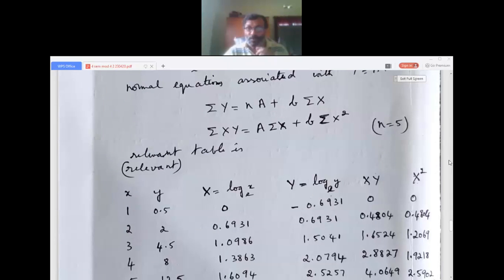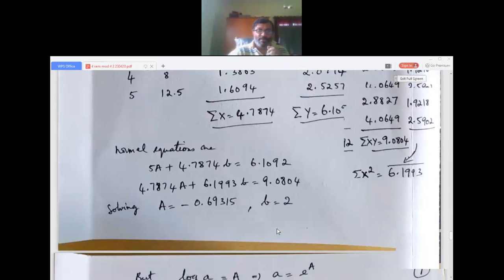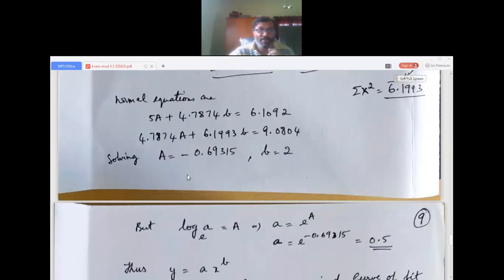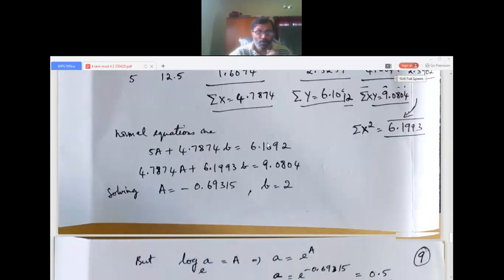So for that, how do we proceed? Once we get the values of A and B, what is capital A? Capital A is log a base e, so A is minus 0.69315.